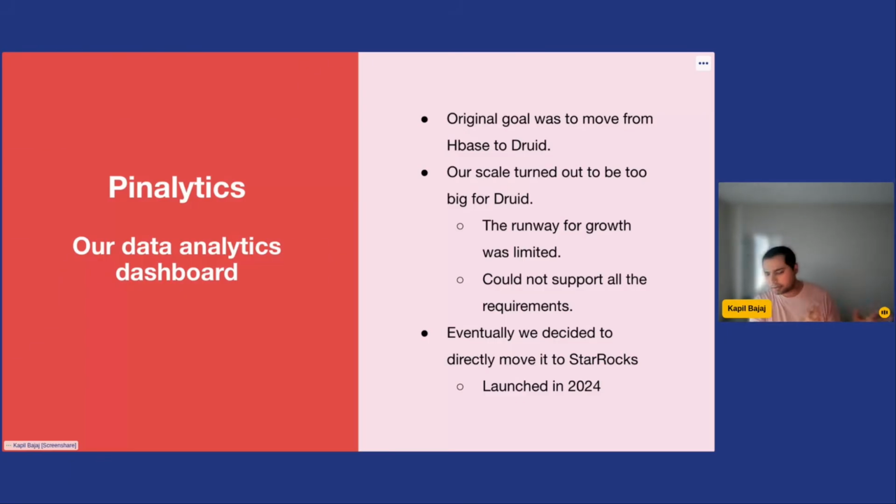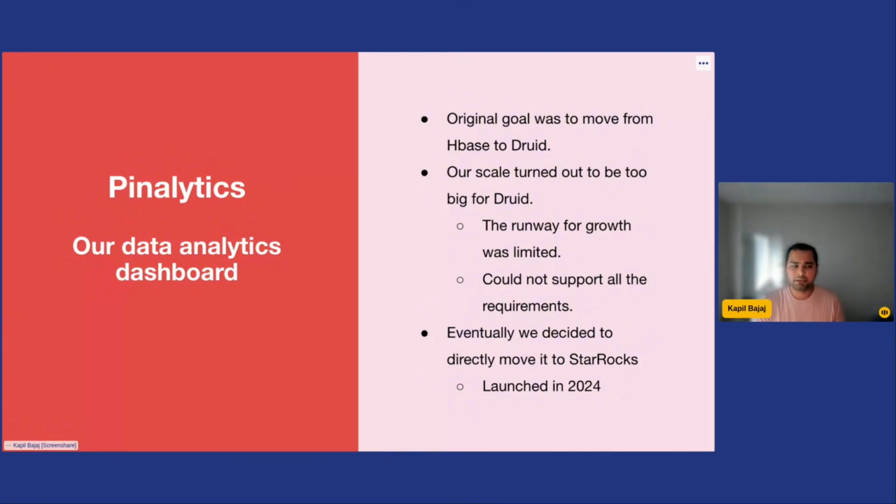So originally, Pinalytics was in HBase, as all our systems were. So we started to think about moving it to Druid while we were evaluating StarRocks. Our POC turned out very well, but when the actual migration was done, we saw some scaling issues with Druid, and there were some huge blockers.